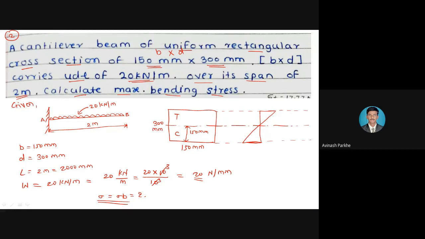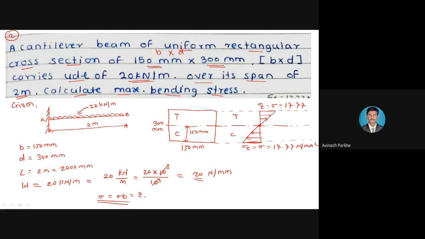Above the neutral axis the tensile bending stress is there, and below the neutral axis compressive bending stress is there. Therefore, sigma T is 17.77, and below that sigma C is 17.77 Newton per mm square. And at the center point, you can check the bending stress is equal to 0.